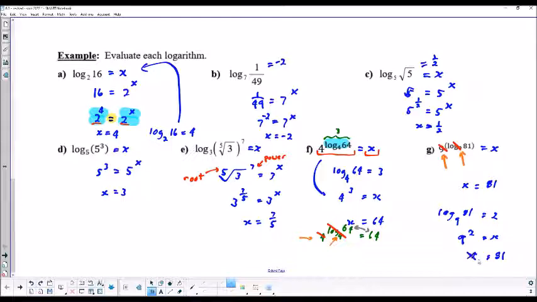Okay, so because those bases are the same, we end up just getting the same value that we had right here.